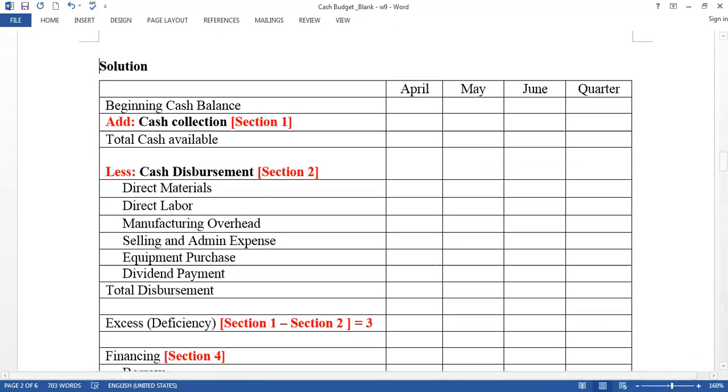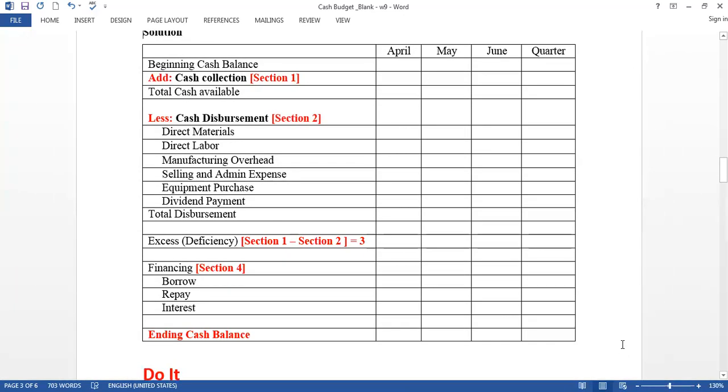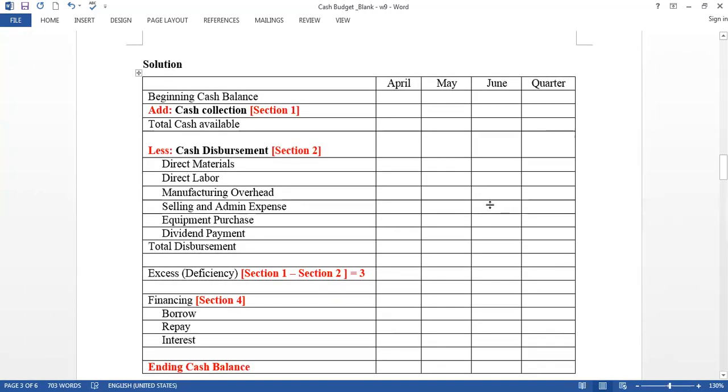So my suggestion, if you want to solve this question easily and without making mistakes, I suggest you go April first, okay? After solving April, go to May, then June, then the quarter. This is the way to make the answer easy and without making mistakes.